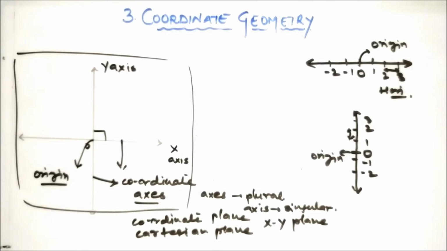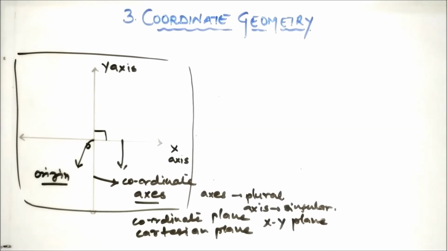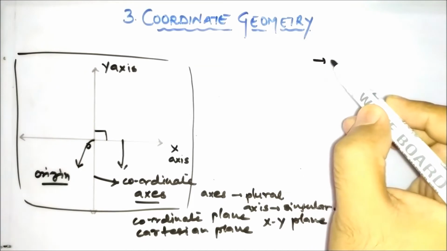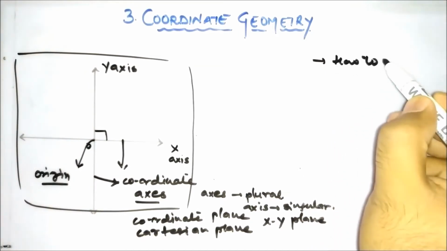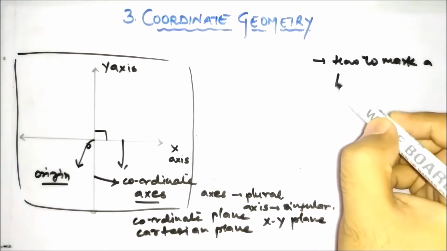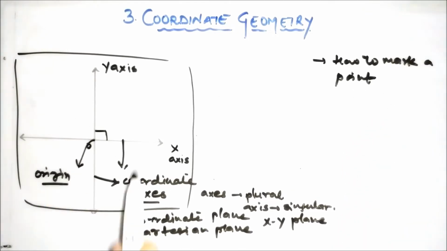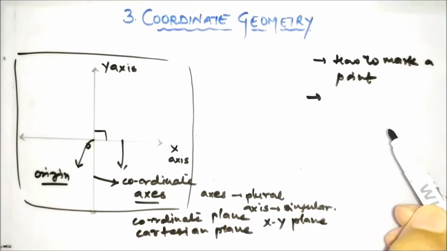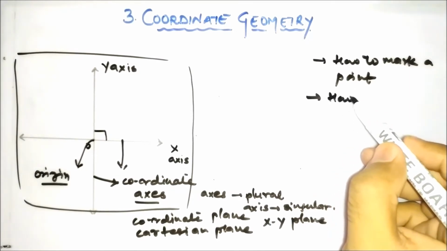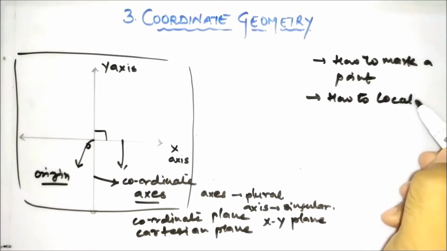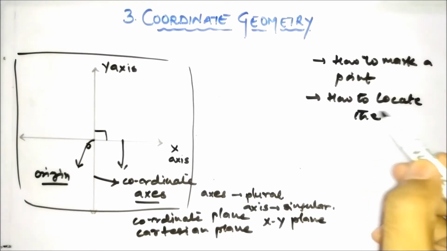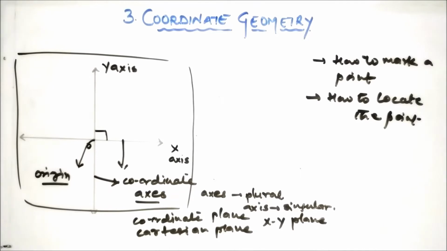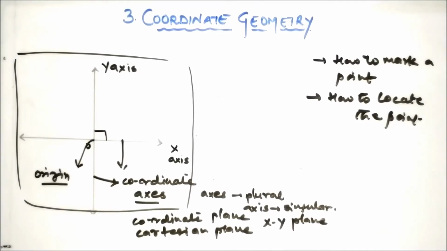Now let us move further. The two things that we need to understand in this chapter are, first, how to mark a point on this Cartesian plane, and second, if you have an already marked point, how to locate that point, that is, what is the position of that point.